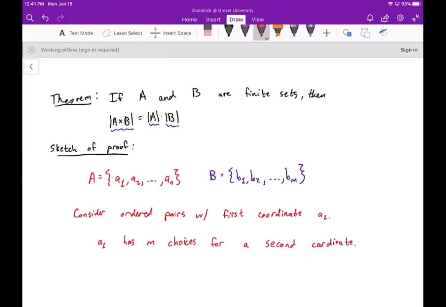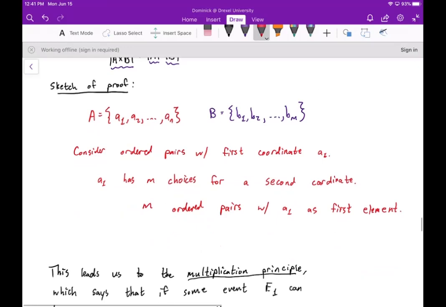Right? So there are m ordered pairs with a1 as its first element. Right? Well, now we just repeat the argument for a2.